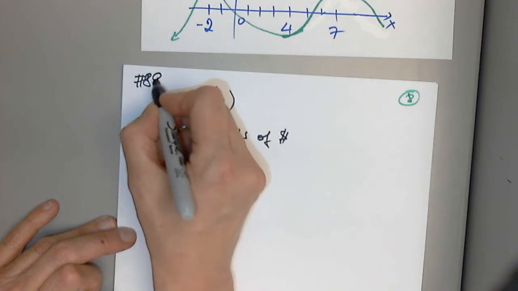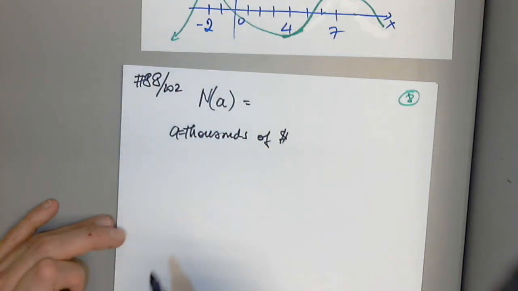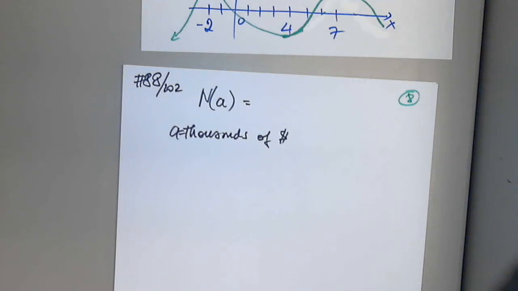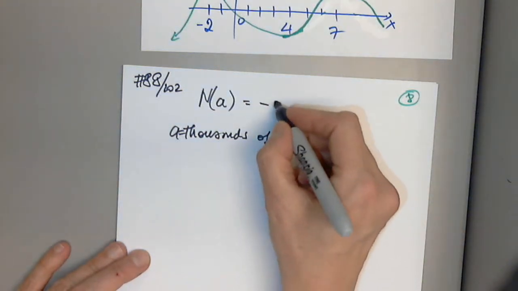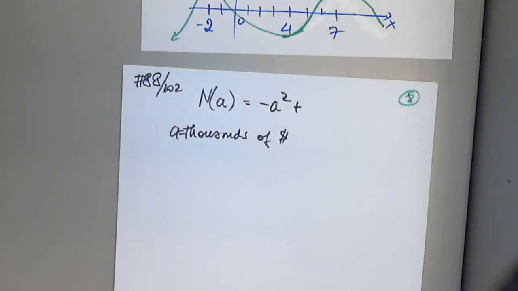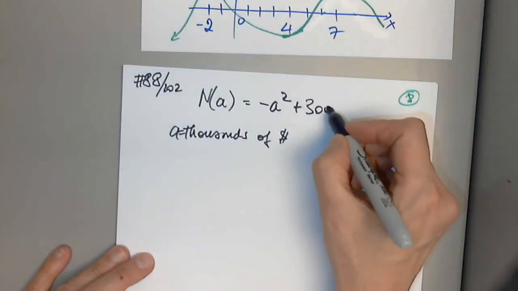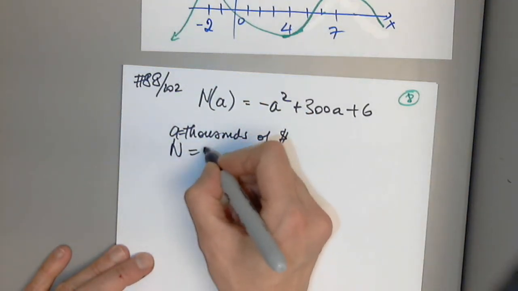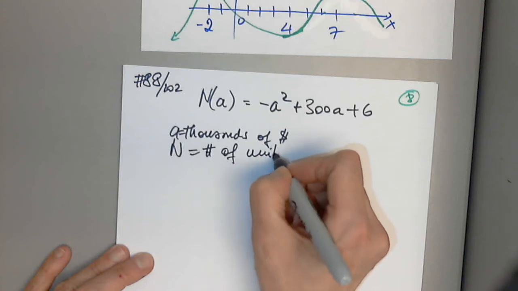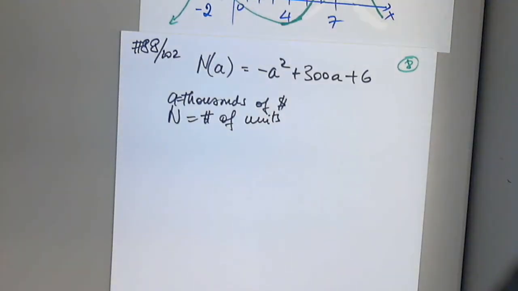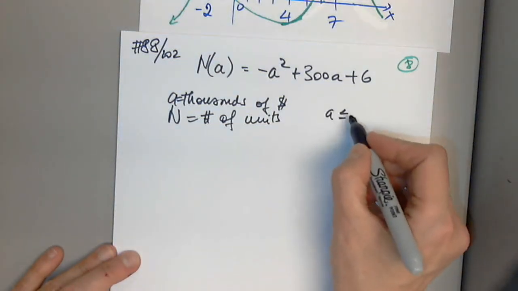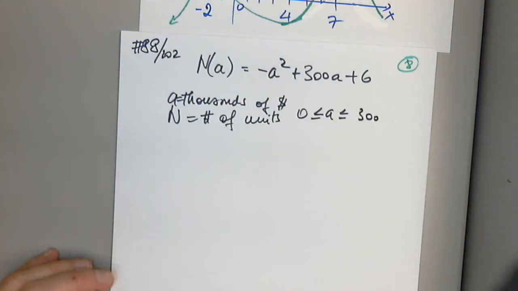This is 88 on 202. N of a equals negative a squared plus 300a plus 6, the number of units predicted to be sold, for a between 0 and 300, that is 300,000 dollars. Find the relative extrema and sketch the graph.